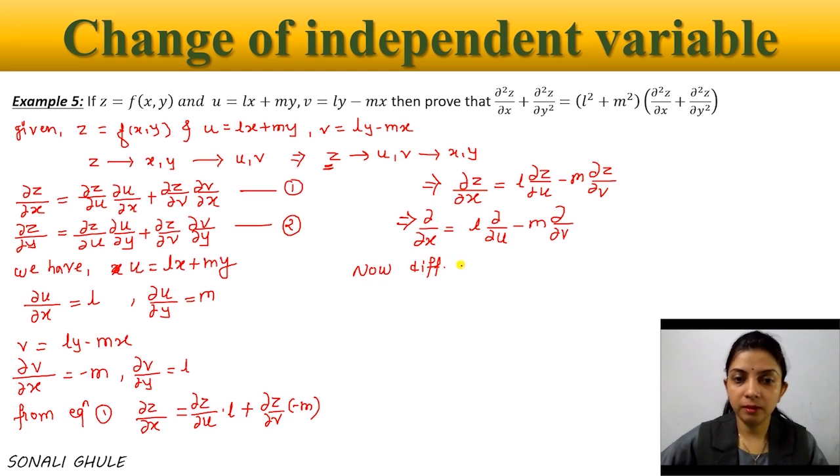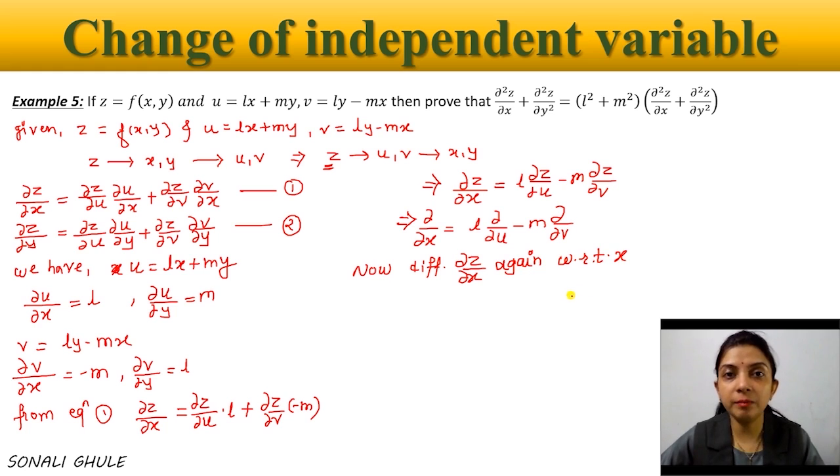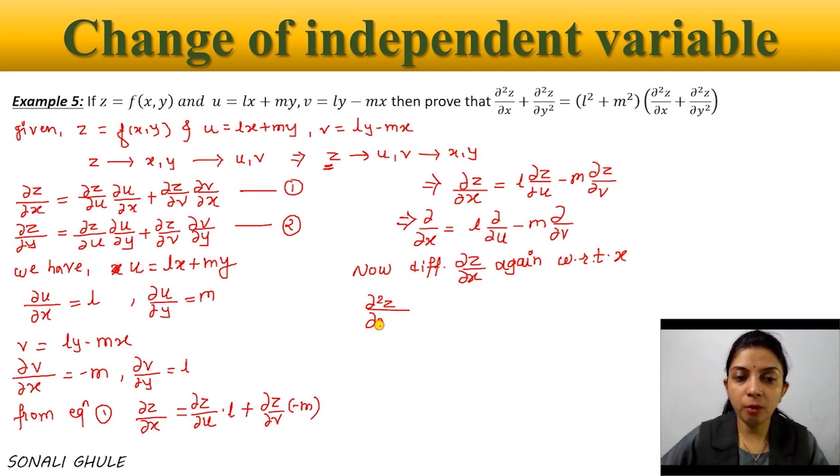Now differentiate dou z by dou x again with respect to x, means we have to find its double derivative because it is required. So if I differentiate this term again with respect to x, that will give me dou 2z upon dou x square, that is equal to dou by dou x of dou z by dou x, right?